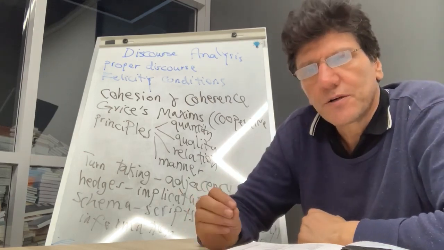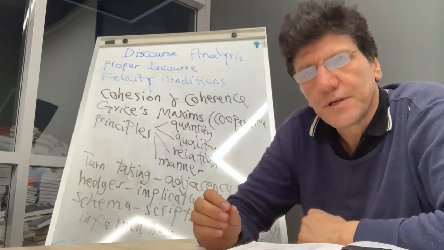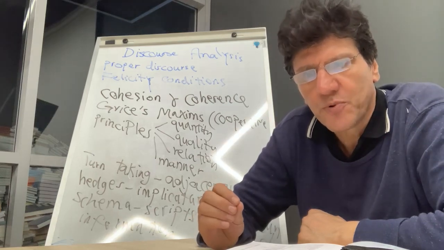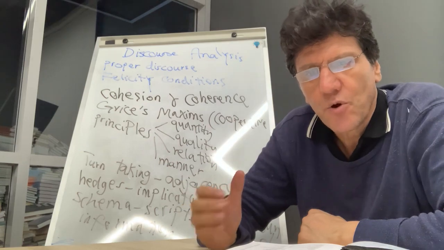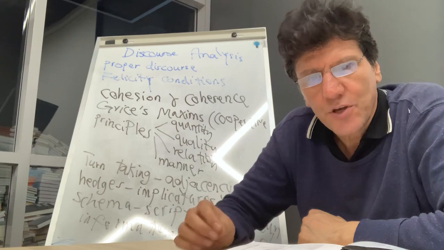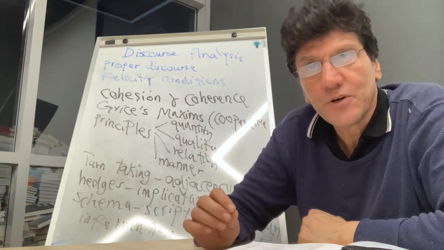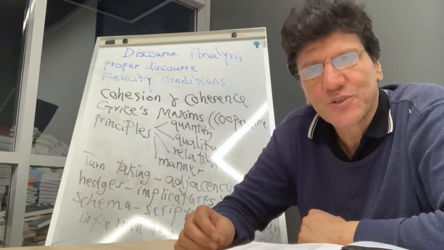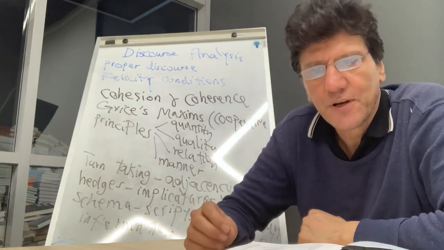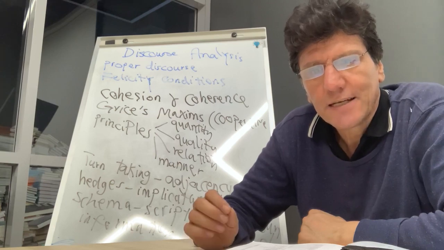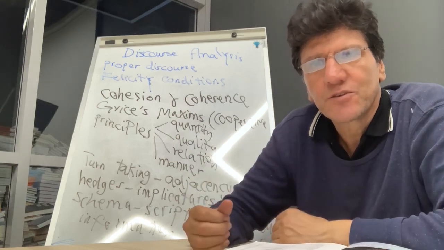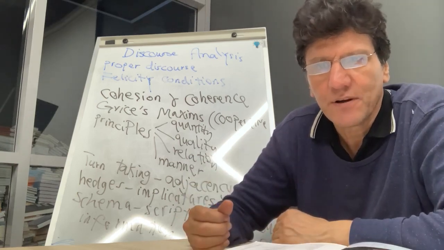Cohesion and coherence are two conditions necessary for proper discourse, appropriate discourse. What is cohesion? Cohesion is textual, is inside the text. Cohesion refers to the continuity and connectedness of a text, and it refers to the chains of the words that are used to stick a discourse together, or a paragraph or an essay together.